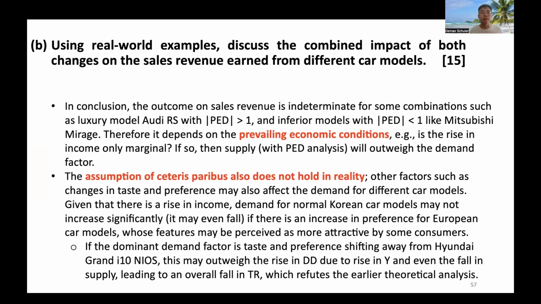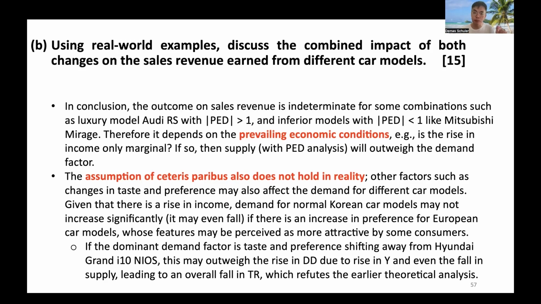So I'm just going to go over the evaluative conclusion. Obviously the outcome on sales revenue is indeterminate for some combinations, such as the luxury model Audi RS with PED greater than 1 in magnitude, and inferior models with PED less than 1, like the Mitsubishi Mirage.